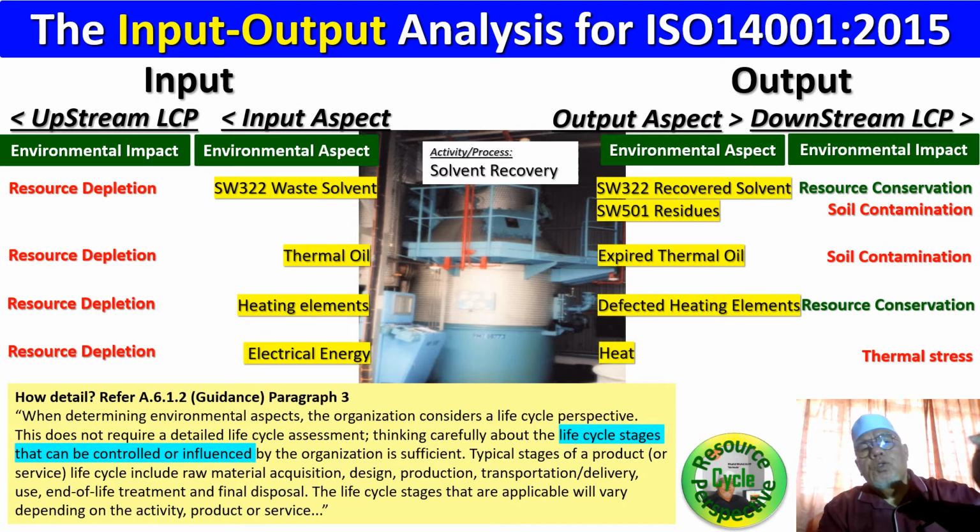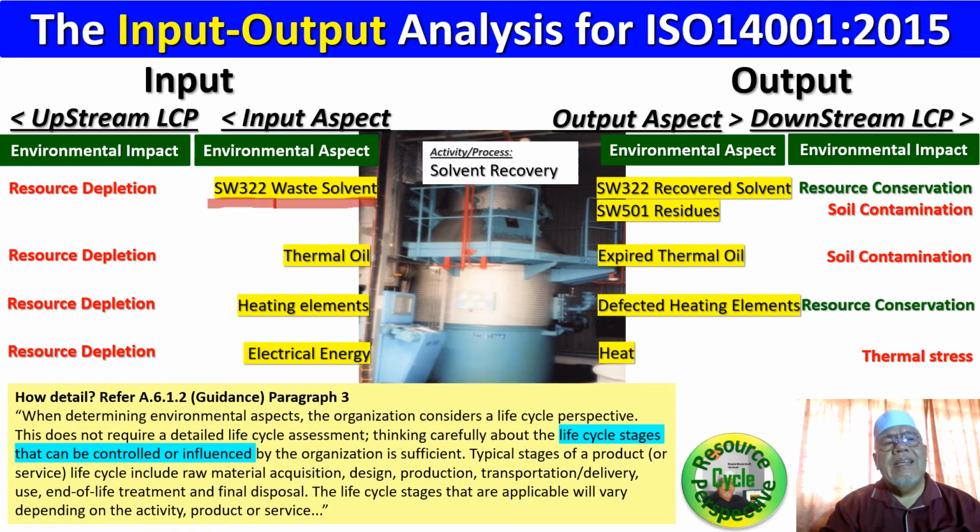What comes into this process is the input aspect. What leaves this process is the output. Something can be confusing, but don't worry, we won't go wrong. Take a look. What is this? It is a waste solvent.